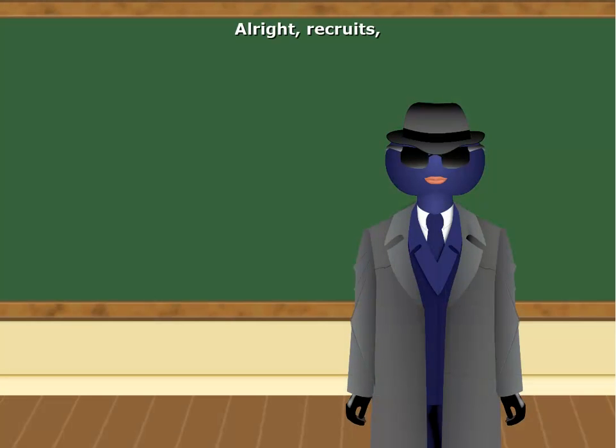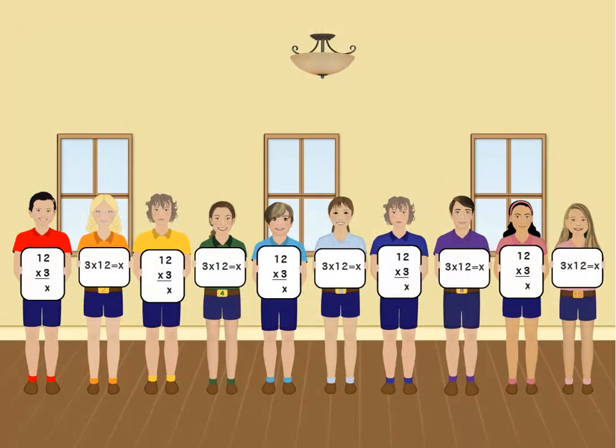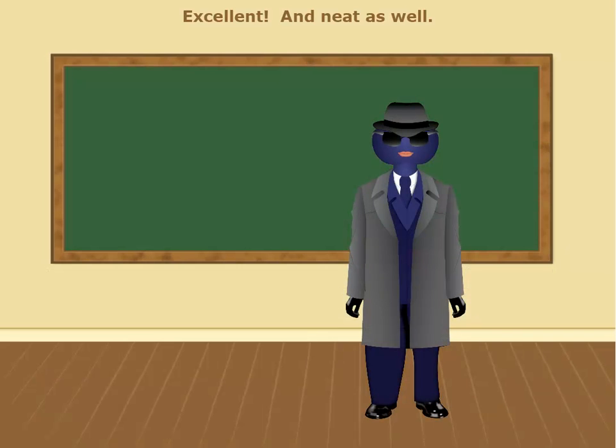Alright, recruits, show me your code. Excellent, and neat as well. Since we don't yet know our multiplication facts, we have to take the long way around to calculate the total.